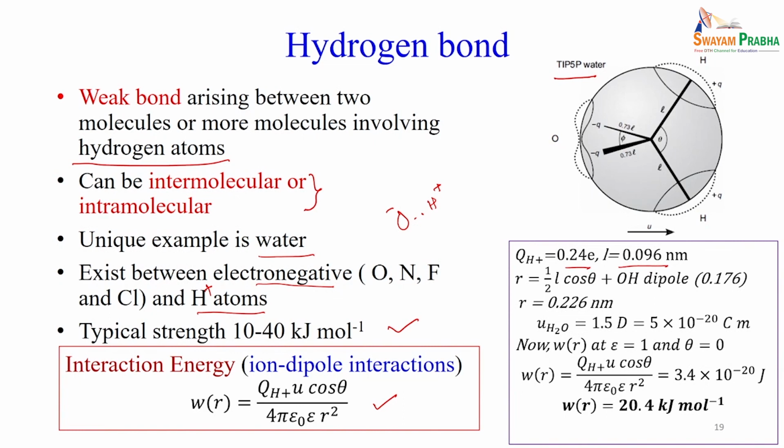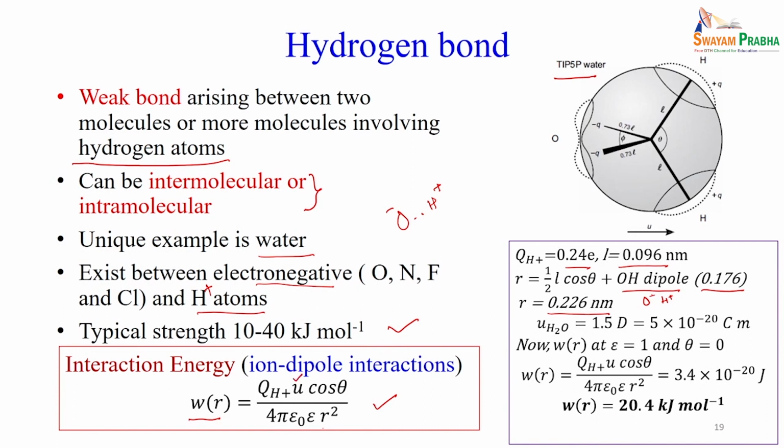Based on that we want to calculate the interaction energy. To calculate the interaction energy, first we need to know the value of R. As you remember, R will be 1 by 2 L cos theta plus the interatomic distance between O minus and H plus of the other molecule, and this value is 0.176. So R is coming out to be 0.226 nanometer.